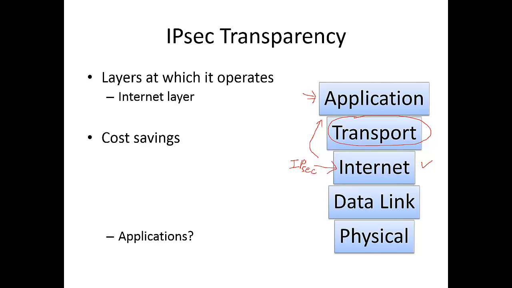It doesn't affect anything that's going on in terms of network applications using a network infrastructure. That definitely leads to some cost savings, because especially when it comes to implementation and operations of these applications, they don't really have to be changed to accommodate the adoption of IPsec at all.